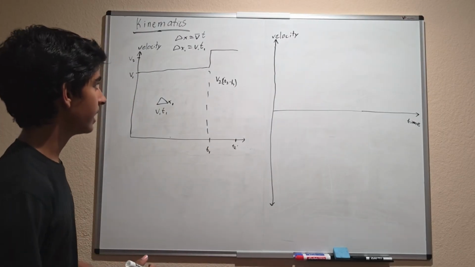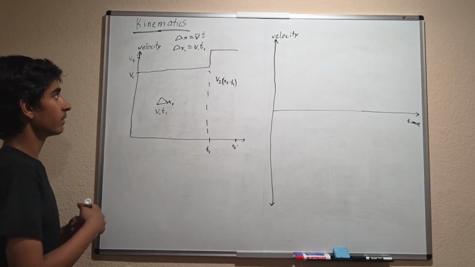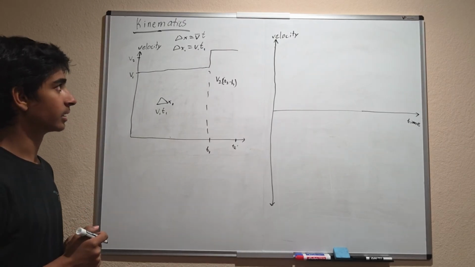So now we know that the area under a straight velocity graph is the displacement.